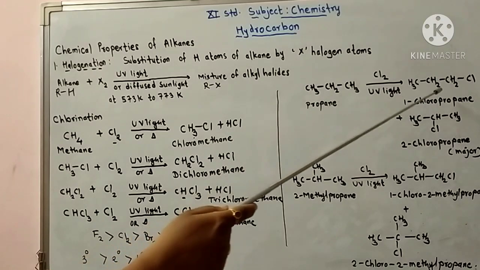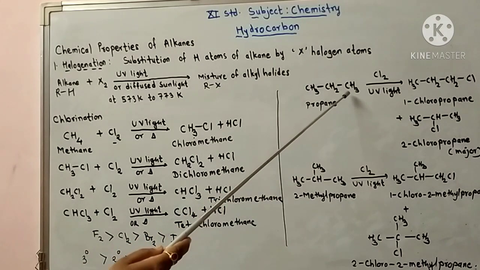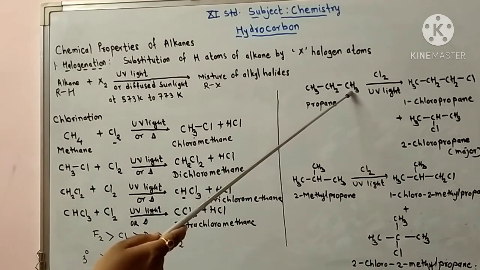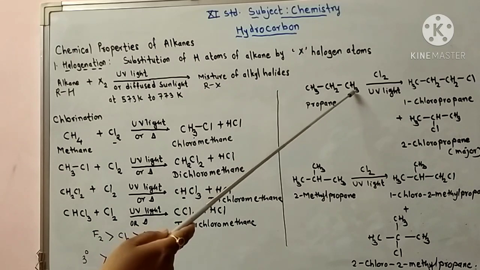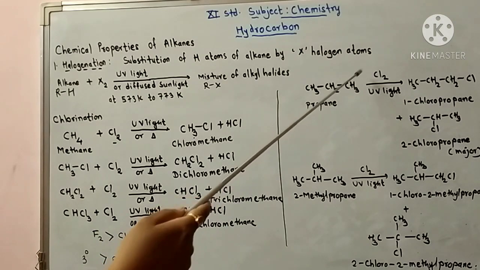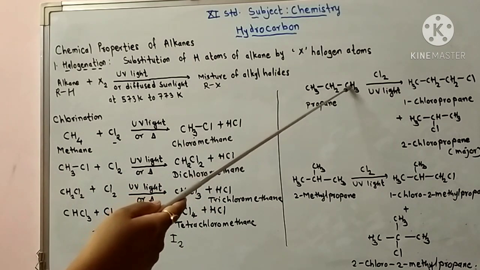In 1-chloropropane, the hydrogen atom is removed from the terminal carbon, which is a primary carbon, and then chlorine is attached to it. So hydrogen is replaced by chlorine.